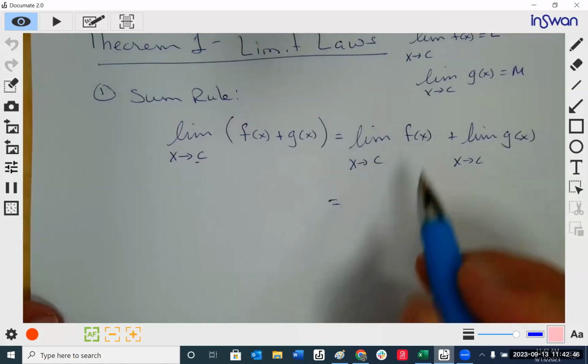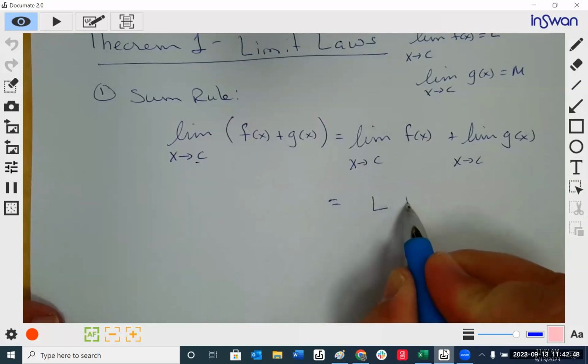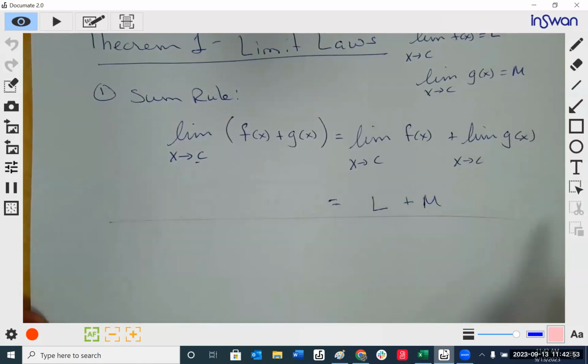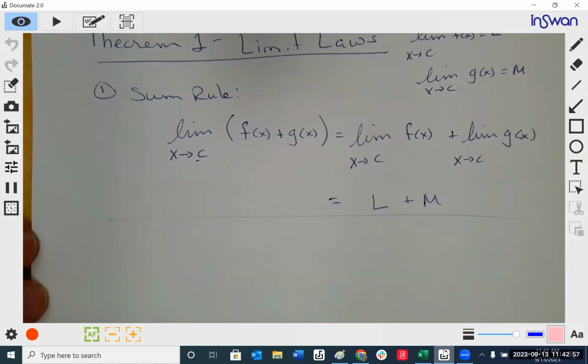The limit of f of x equals L plus the limit of g of x equals M. There's the first one. So far, so good.